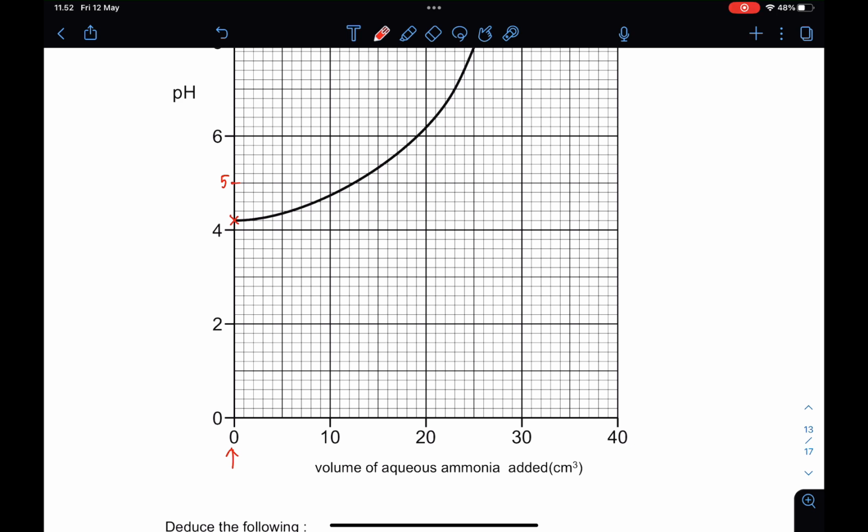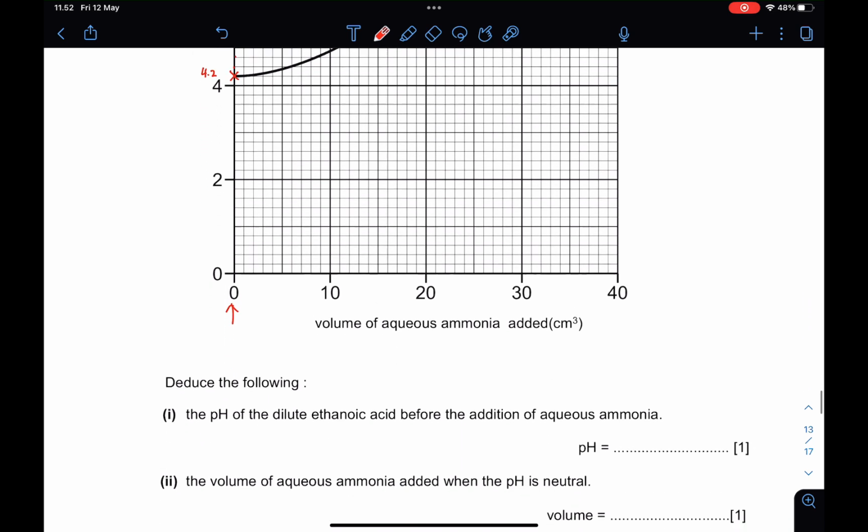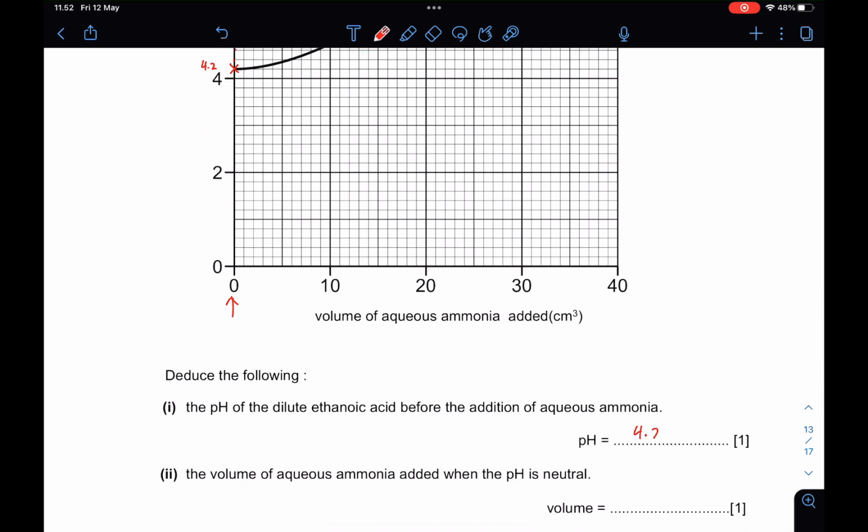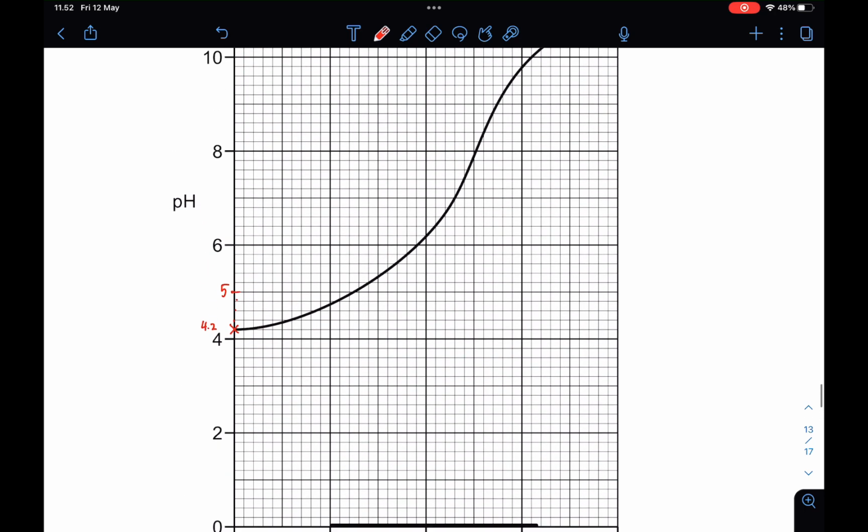At 0 volume of ammonia, the pH is here. This is 5, and with 5 small boxes, it goes 4.2, 4.4, 4.6, 4.8, and 5, so this will be 4.2.